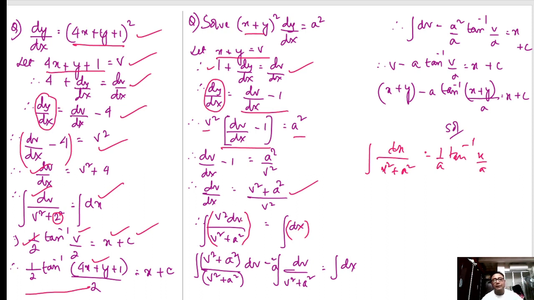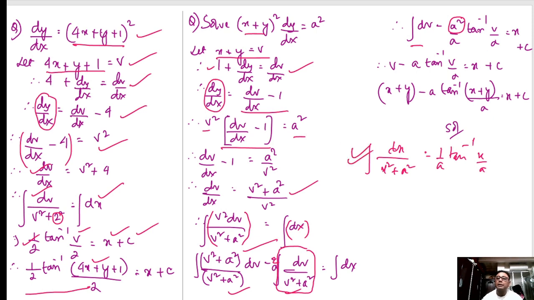So how to integrate the left hand side? We have taken plus a square and minus a square, and we have arranged it like this. So the first one becomes integration of dv, and in the second one a square is outside. This is the formula: integration of dx by x square plus a square is 1 by a tan inverse x by a.